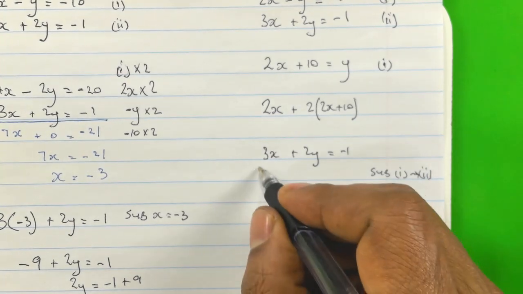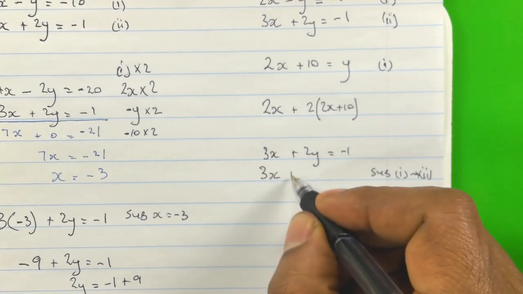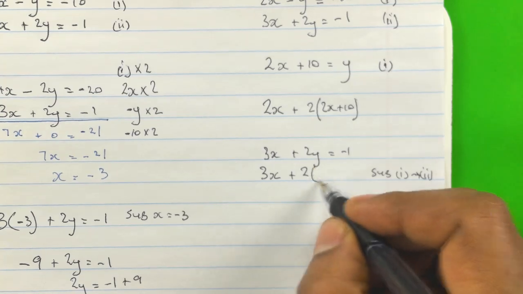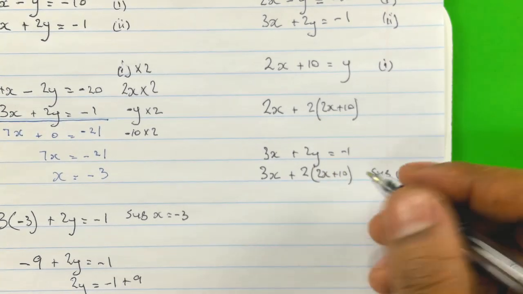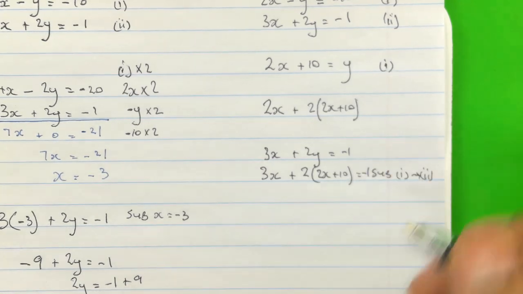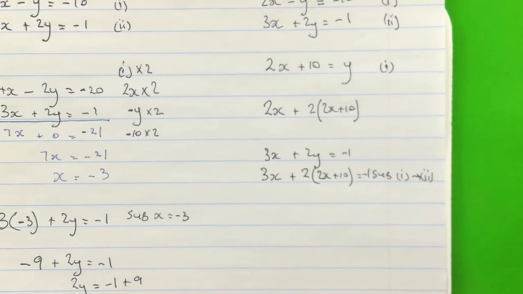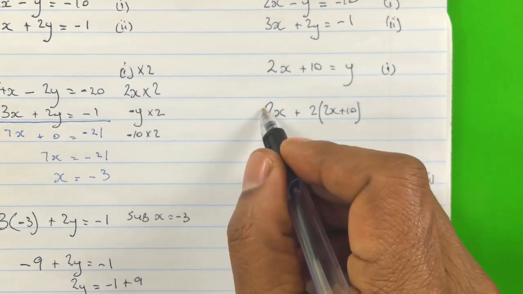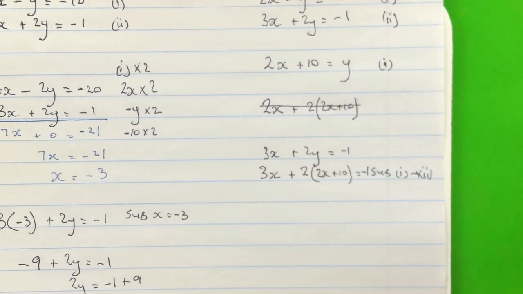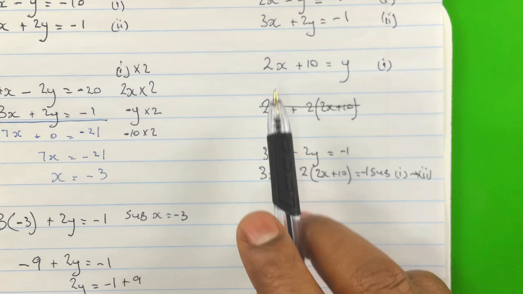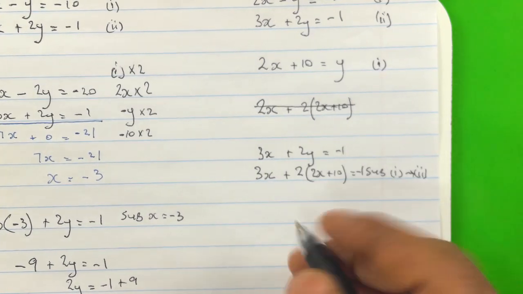So I am saying from the 1, wherever there is a y, I put 2x plus 10. Then I finish it off. Okay. Right, so look at this. That one, if you have time, finish it off and you'll see what's going to happen there.